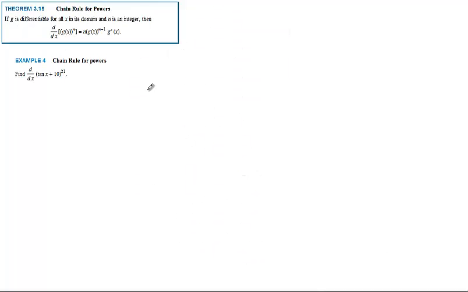They make a distinction here over the chain rule of powers, but you don't really need it. It's the same thing that you have been doing. If I look at this as being my inside function, to the 21st is my outside function, what I'll do is take the derivative of the outside, that will be 21 times, leave the inside alone, to the 20th, and this will be tangent x plus 10 because I'm leaving the inside alone, times the derivative of the inside, and the derivative of tangent x is secant squared x, and the 10 is a 0, so he's gone.